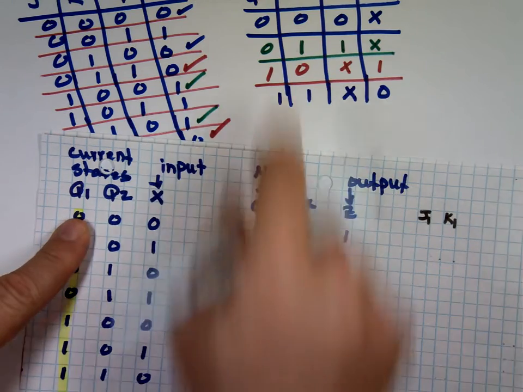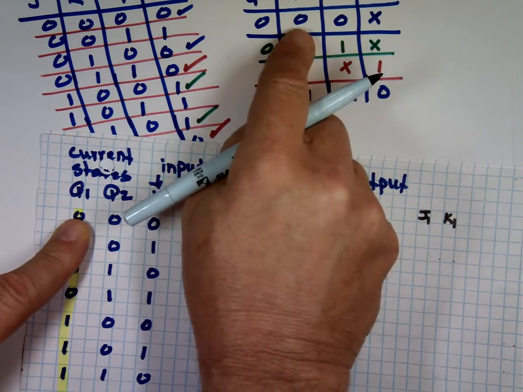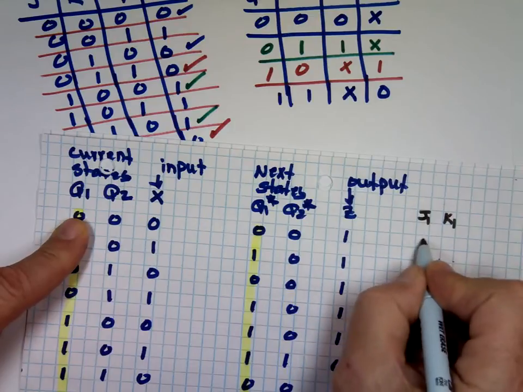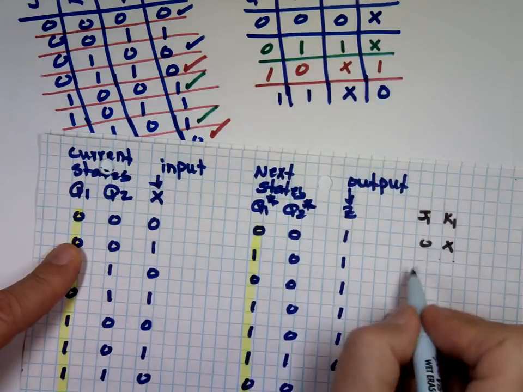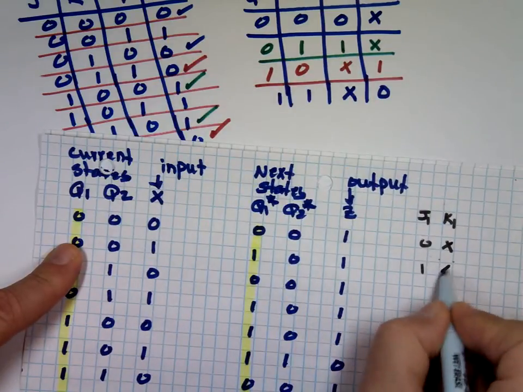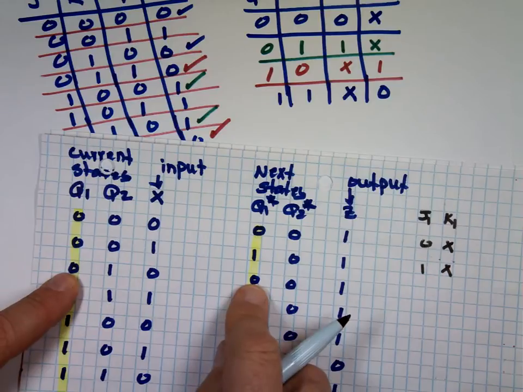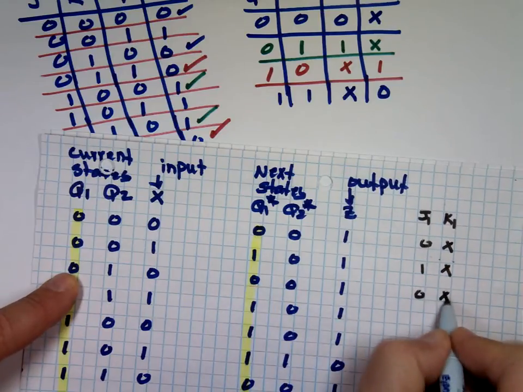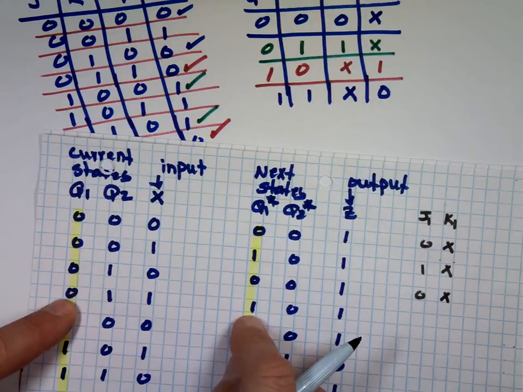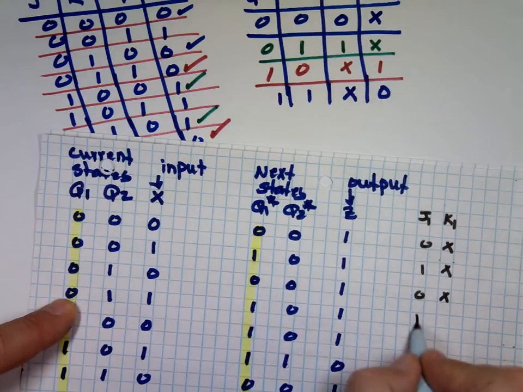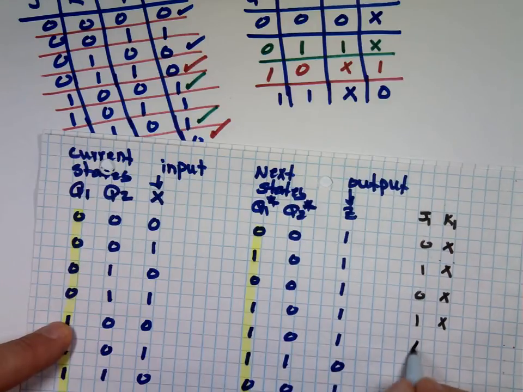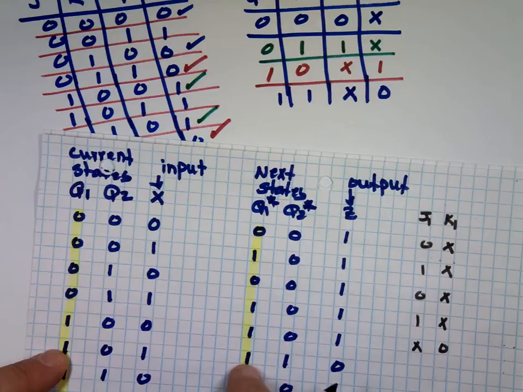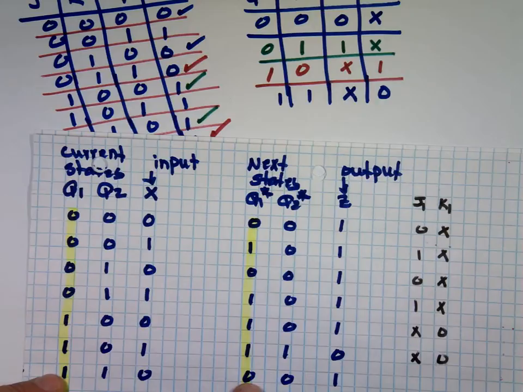0 to 0, let's look right here. 0 to 0, 0 and don't care. 0 to 1, 1 and don't care. 0 to 0, 0 and don't care. 0 to 1, 1 and don't care. 1 to 1, don't care and 0. 1 to 1, don't care and 0. 1 to 0, don't care and 1.